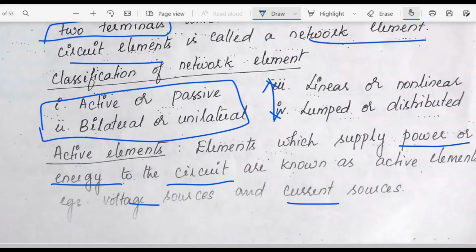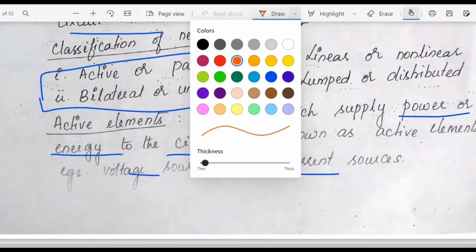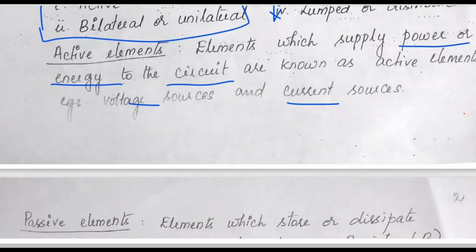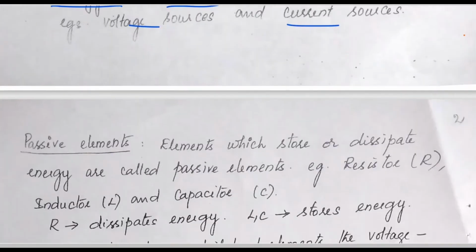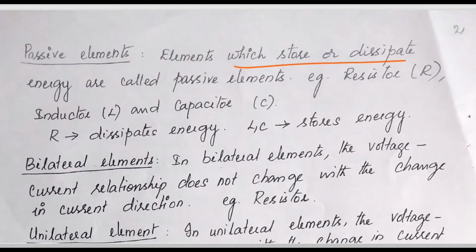We'll see what passive elements are. Passive elements are the elements which store or dissipate energy. We are all well aware that the examples are resistor, inductor and capacitor.